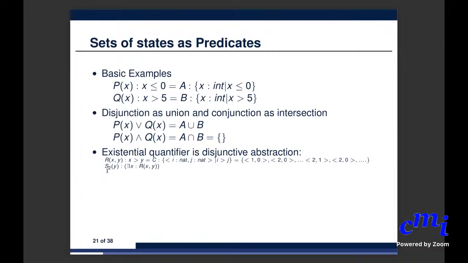Okay. And now, if you take an existential quantification, you're asking the question, does there exist? What is the set denoted by the predicate S2, which asks what are the set of values for which there exists an x such that R(x,y)? That is, all the values of y for which there exists an x such that x is greater than y.